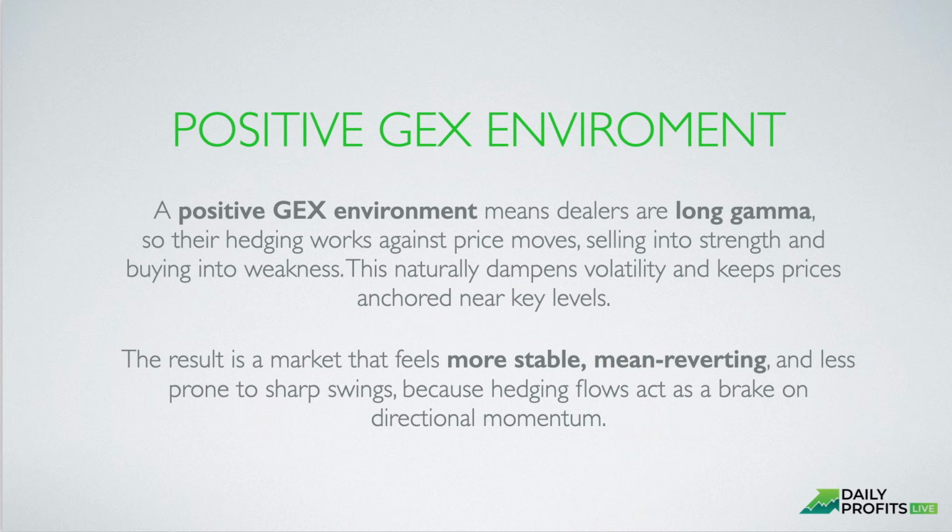So that's where we get a lot of these types of moves up, these types of moves down. Nothing real crazy, because as the price goes up, market makers are selling into that move to hedge their positions. And then conversely, when it dips down, they're buying into that move, and it creates a more stable, mean reverting type of environment, right?